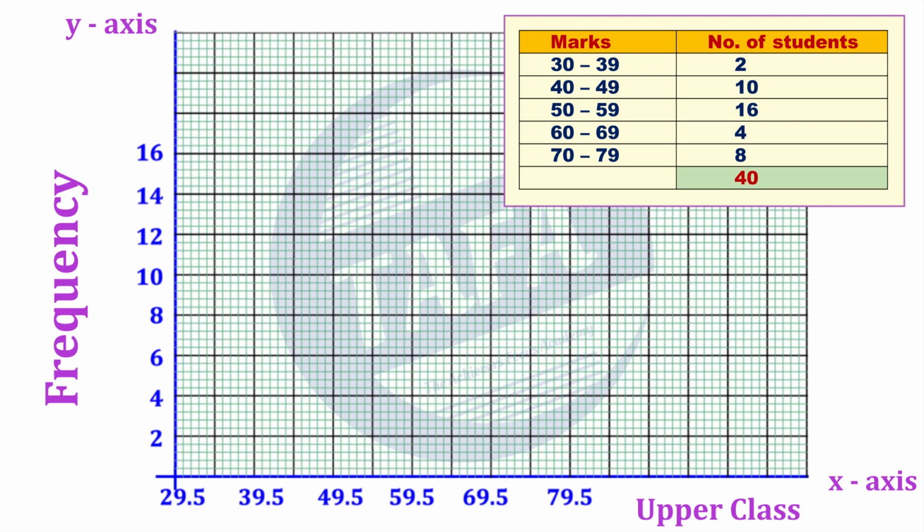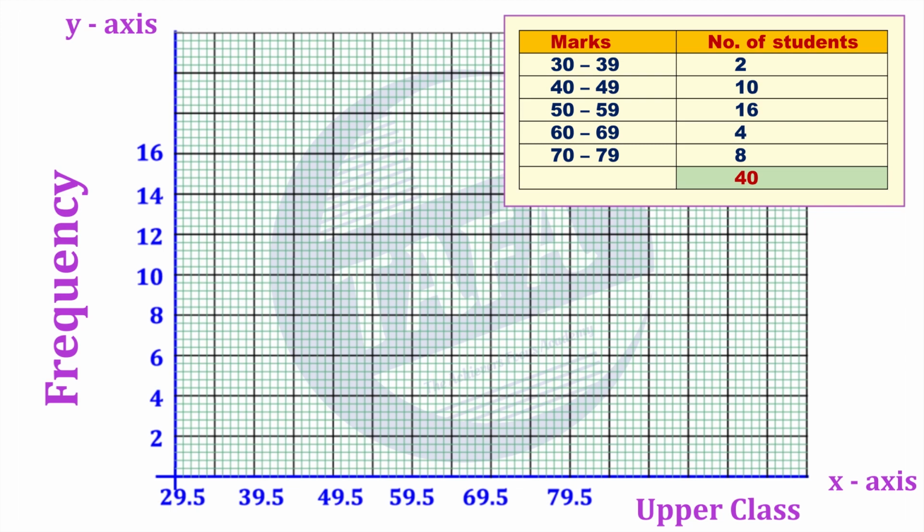Then on the y-axis, our values are beginning from 0 up to 16, and we are using 1 square to represent 2 units. So 1 big square represents 2 units on the y-axis.